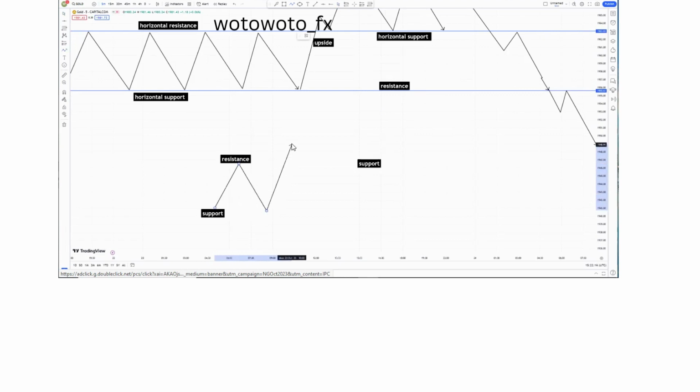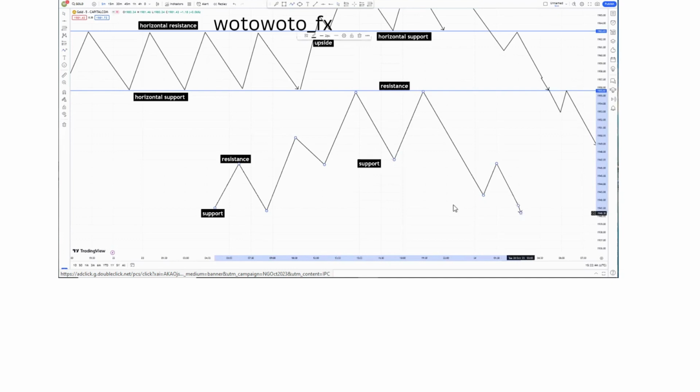Then you see that price broke this resistance level. When it broke this resistance level, it tapped here as a support, then here as a resistance. Came down, support, resistance, then broke this support, came back and tapped on it as a resistance, then continued to the downside to the support level.